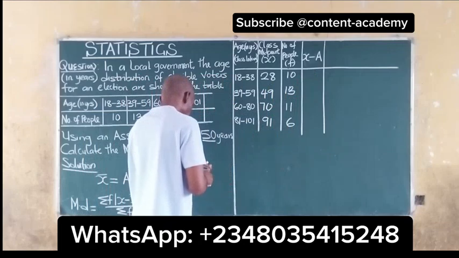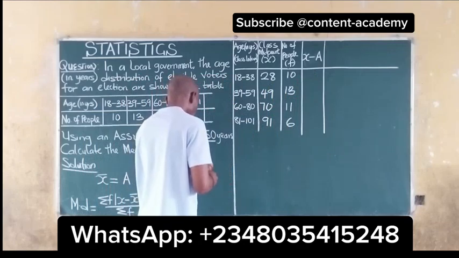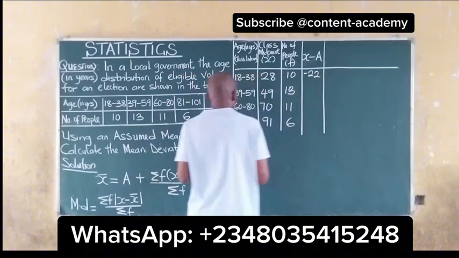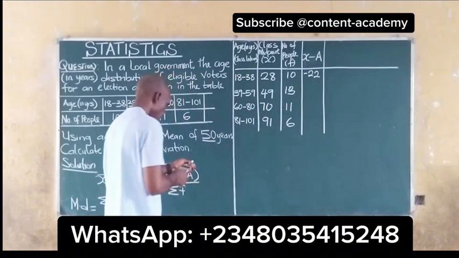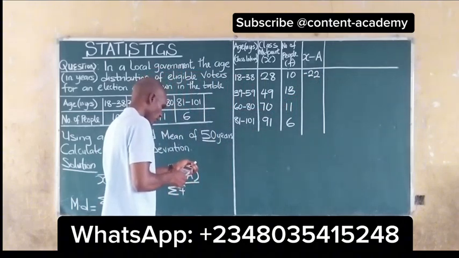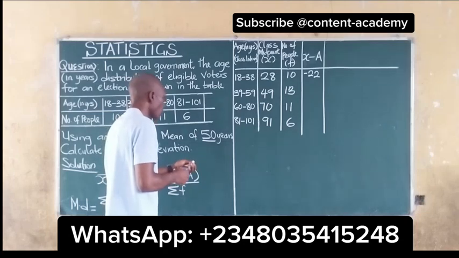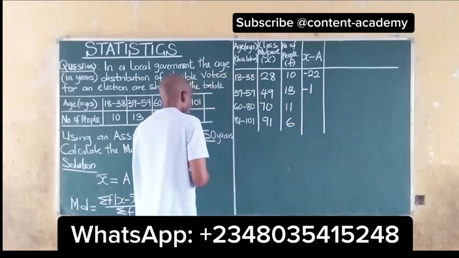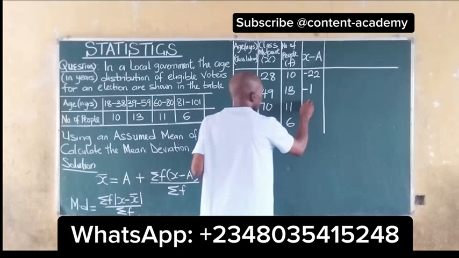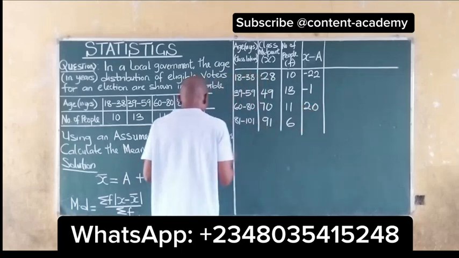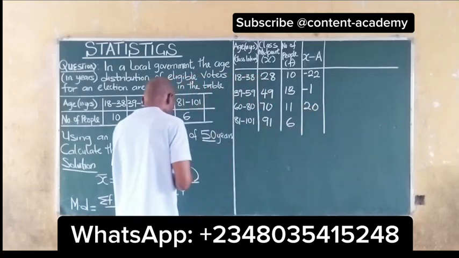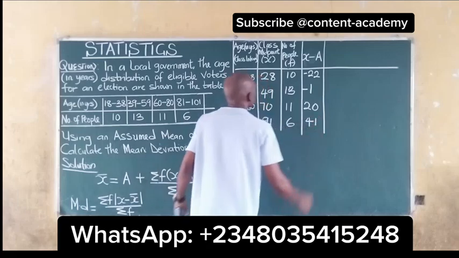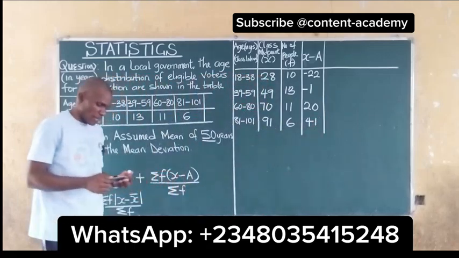So we have 28 minus 50, which is negative 22. 49 minus 50 is negative 1. 70 minus 50 is 20. And 91 minus 50 is 41. So these are the values we have.